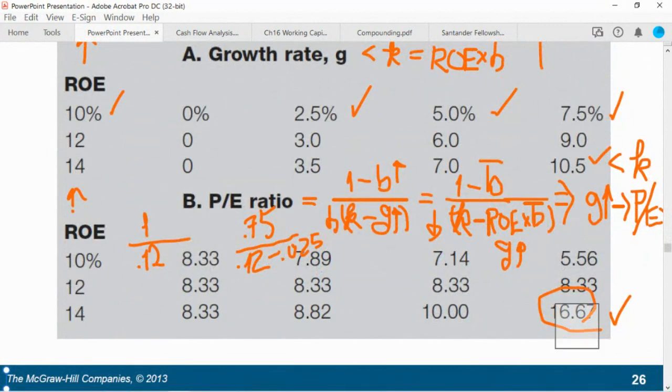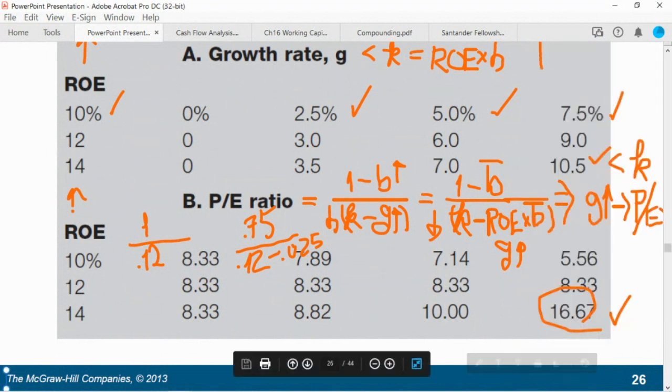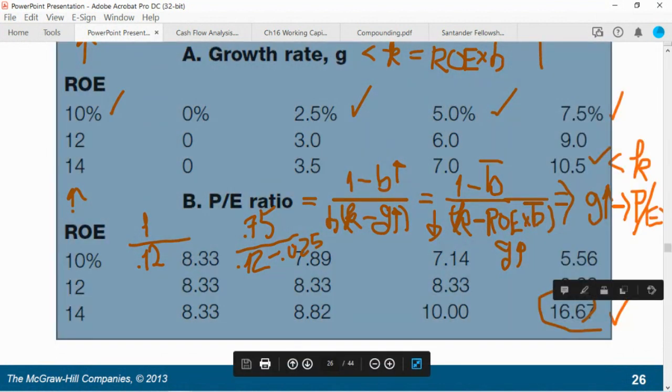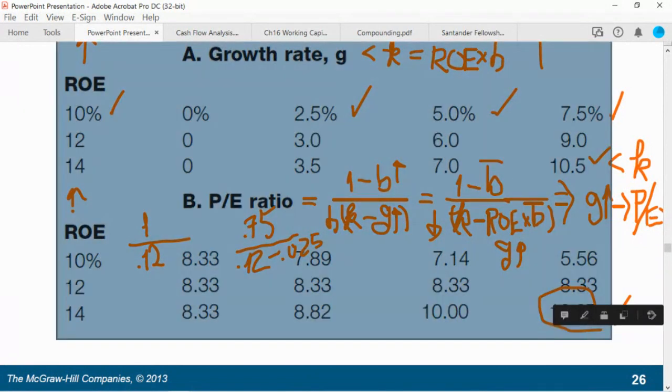The growth rate is high. As I'm pointing at this number, with a high ROE and a high plowback ratio, the P/E ratio will have to be the highest.